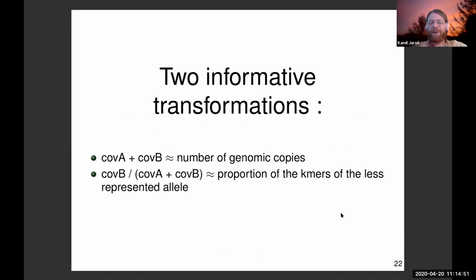So then we do 2 transformations. We do a transformation of summing the coverages, which gives us an idea about how many genomic copies there are of this Kmer pair. And then we also look at the proportion of the coverage of the less represented allele. So it's the coverage of the less represented divided by the sum of both.